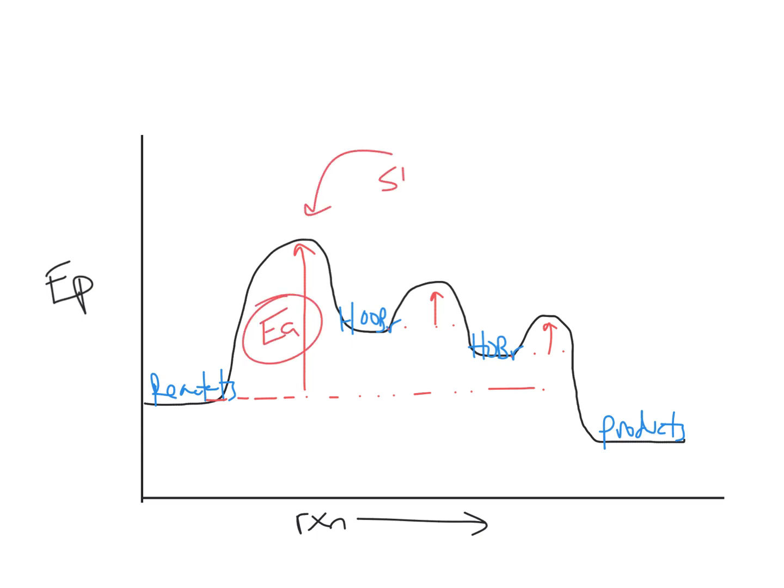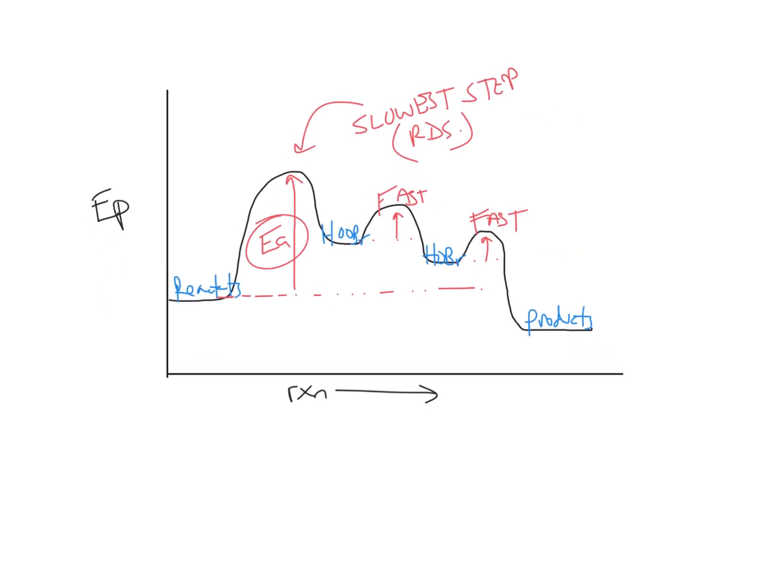So therefore this is going to be the slowest step. This is the rate determining step, as we call it. The other ones are then going to be faster than the slow one.